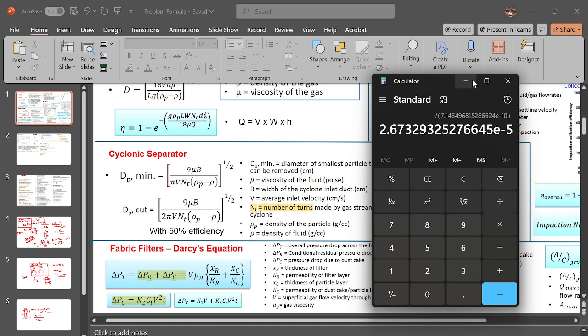Into 2 into 3.14 into V, 10 meter per second, into NT, which is 5, into 1500, root of. So 9 into 0.0748 divided by 3600 into 0.2 divided by 2 divided by 3.14 divided by 10 divided by 5 divided by 1500, root. 8.33 micrometer is the answer. It's correct.